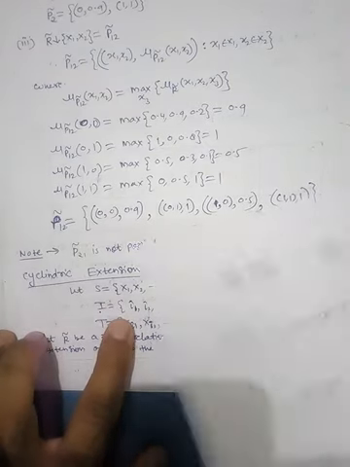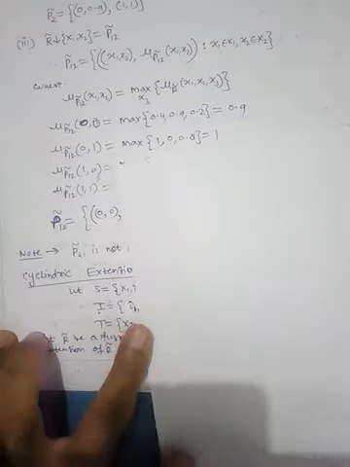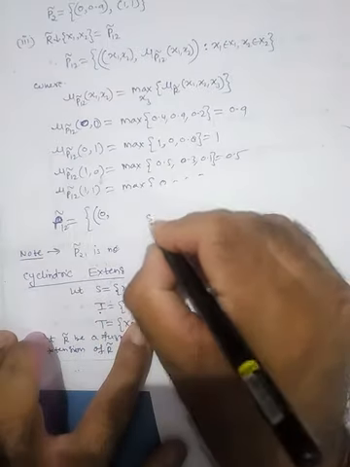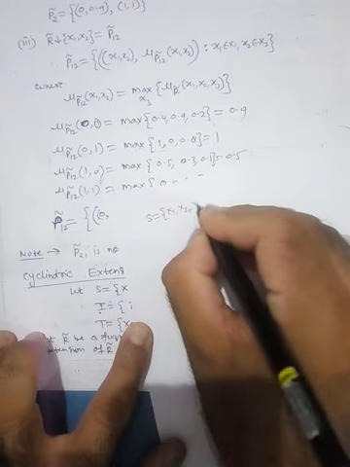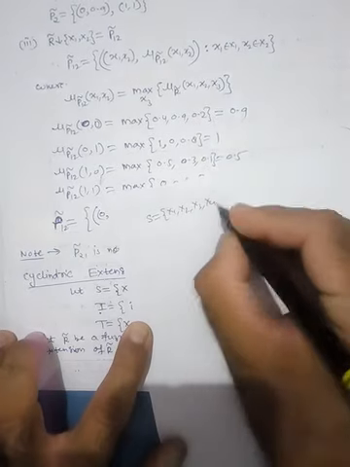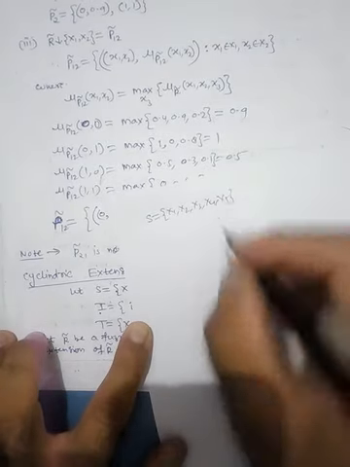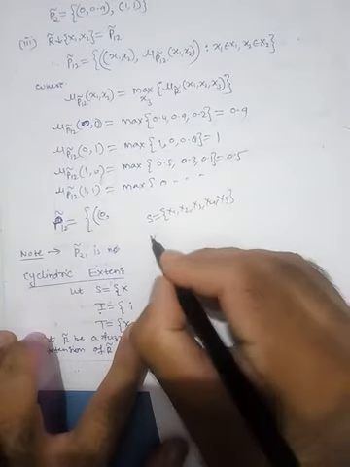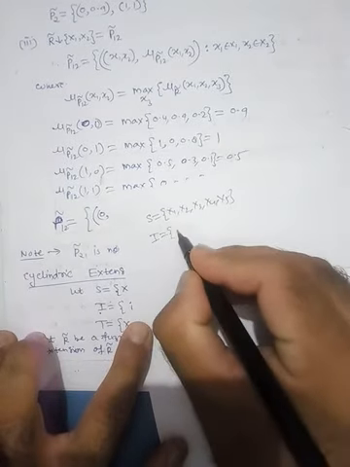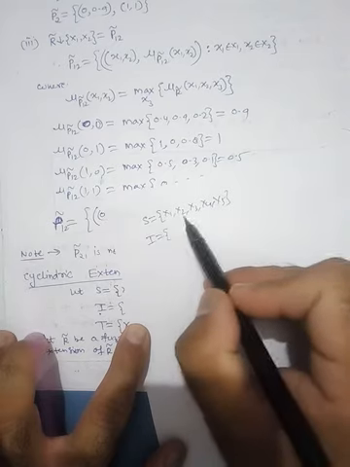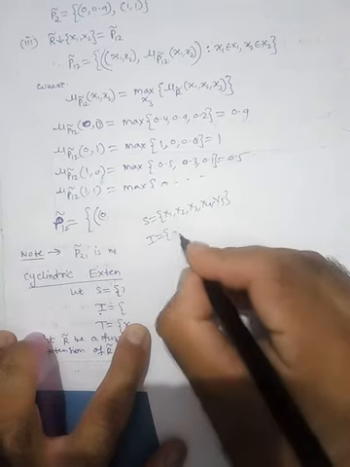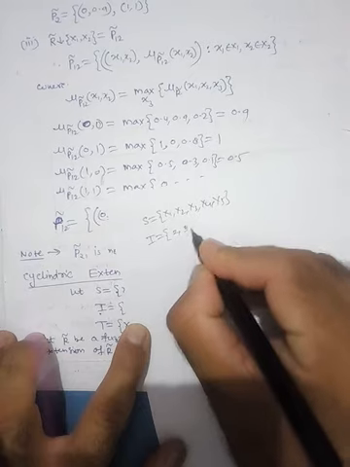Let's see. Suppose we have this S, for example x1, x2, x3, x4, x5. And suppose the index set is taken from the indices 1 2 3 4 5. Suppose we take 2, 3 and 5.